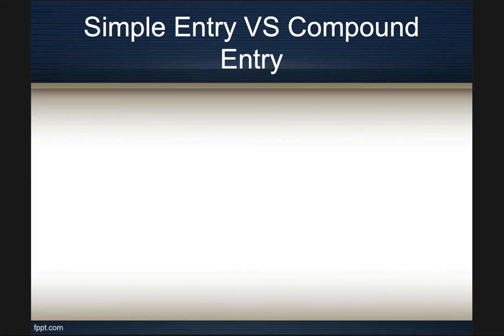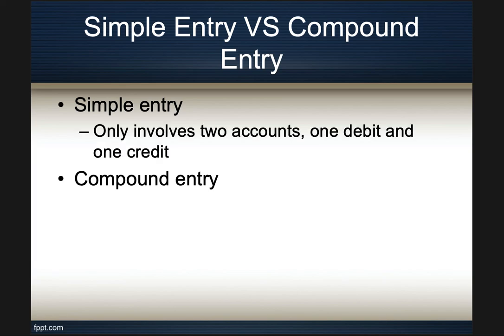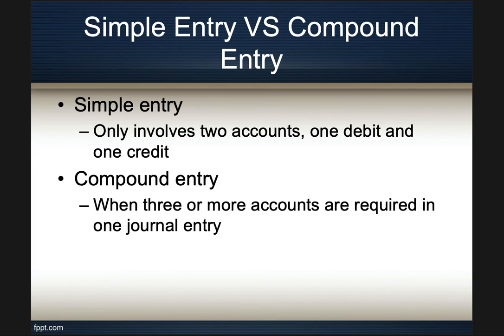So that leads us to the understanding that there are what we call simple entry and compound entry. So most examples that I have shown you are what we call simple entry, which involves only two accounts, one debit and the other one credit. Now, a compound entry happens when three or more accounts are required in one journal entry.